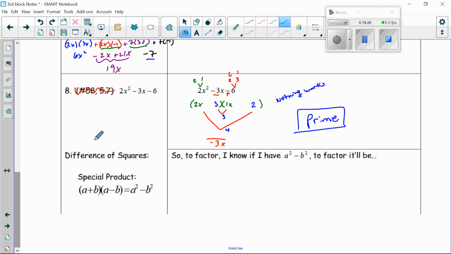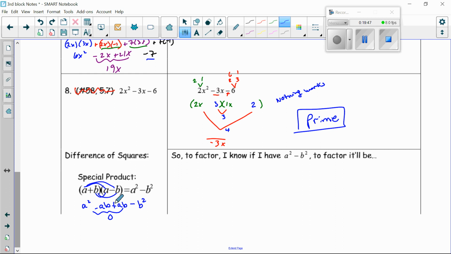All right, so a special product is when you take your a times your a and you get your a squared, but then you get minus ab, and then you get plus ab, and then you get minus b squared. So what happens with these same 2 terms with different signs is that these middle 2 terms add to 0, they go away.